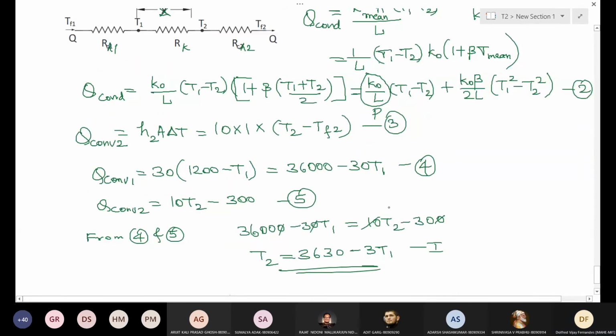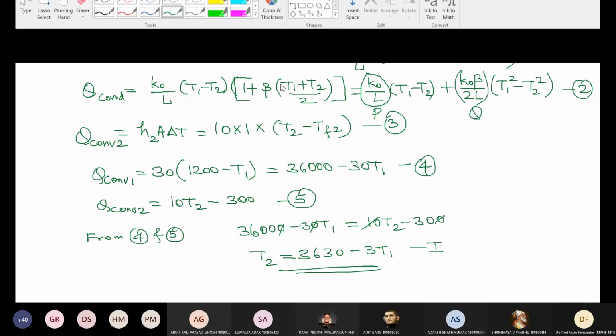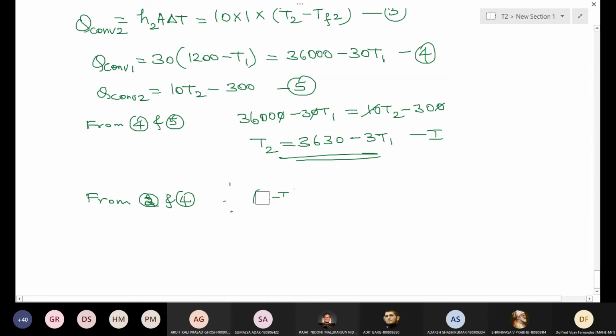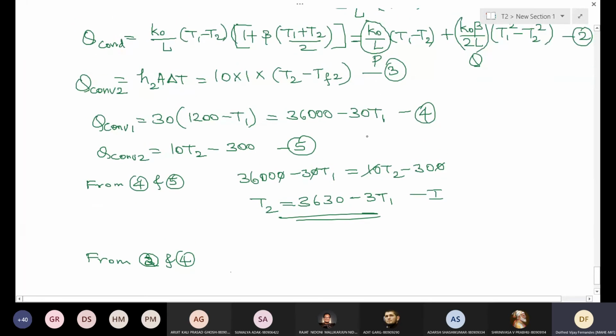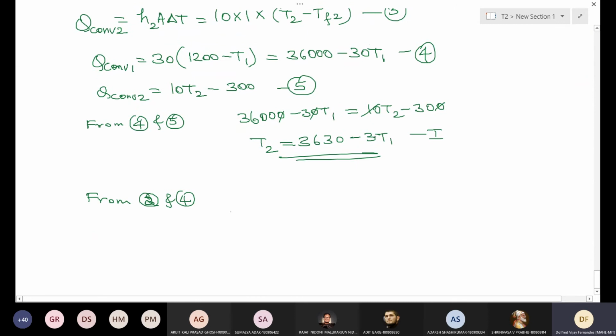So from 2 and 4, you can write P into (T1 minus T2) plus Q into (T1 squared minus T2 squared), equal to, from 4, 36,000 minus 30 T1.